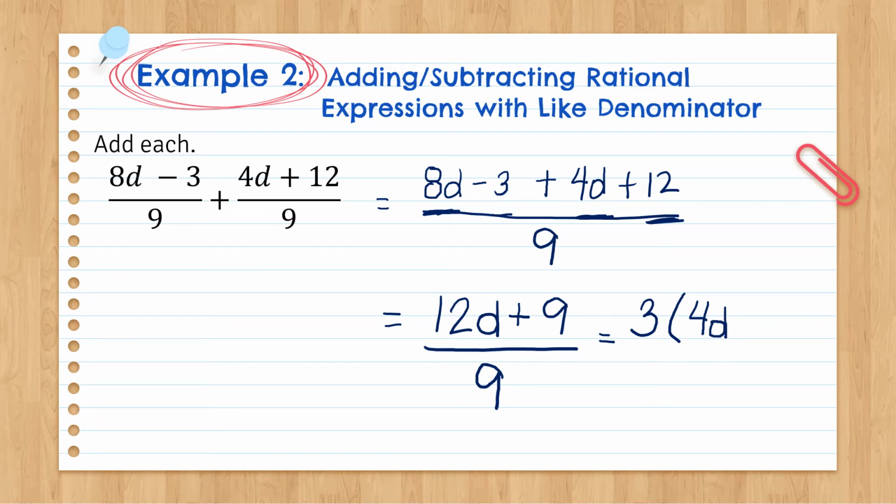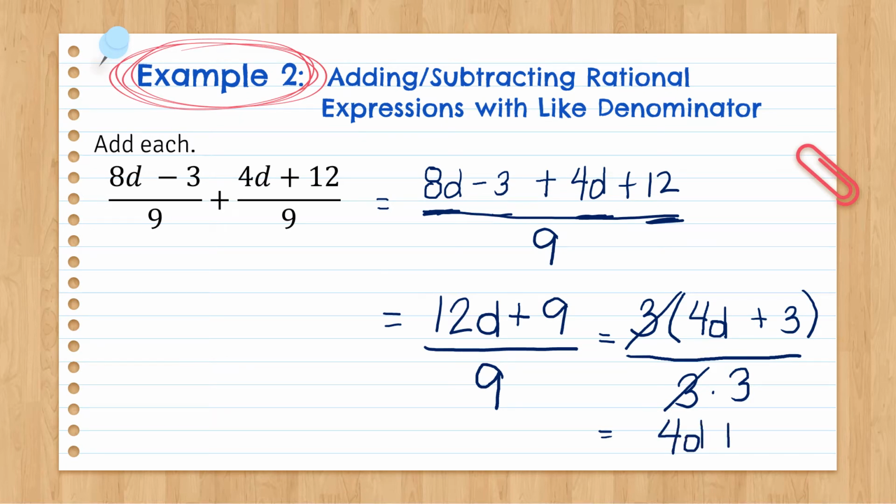And then 9 divided by 3 will give us 3. Well, 9 can be written in prime factorization as 3 times 3. So therefore, we can cancel 3 and 3. So for our final answer, we have 4d plus 3 over 3.